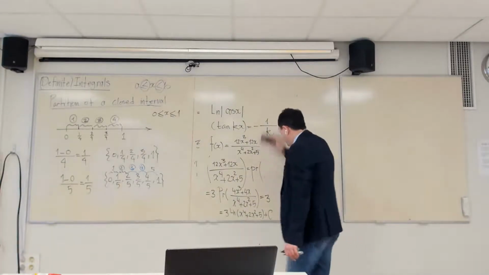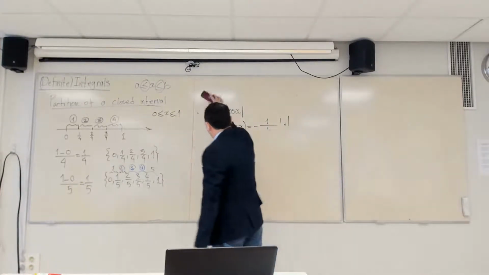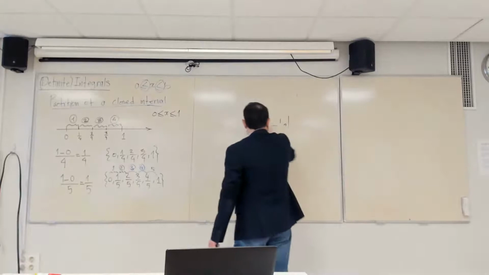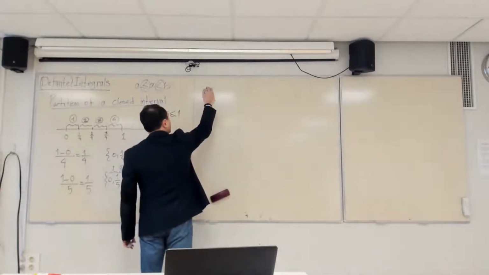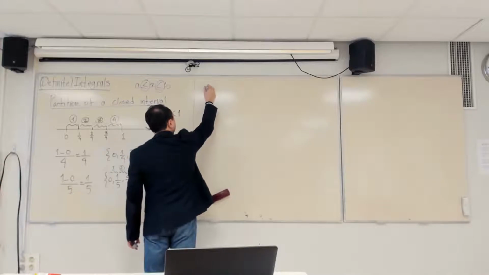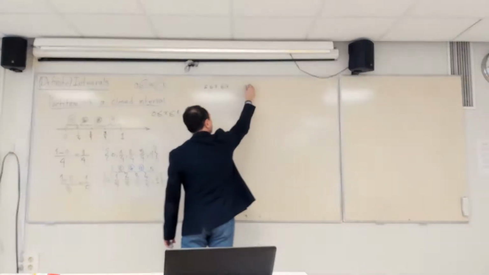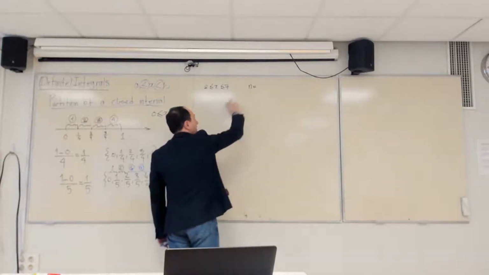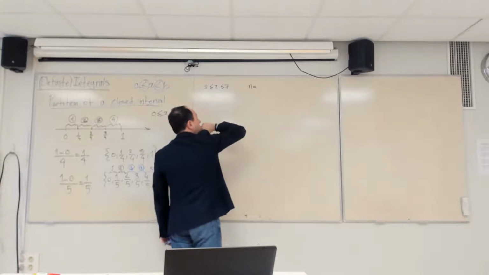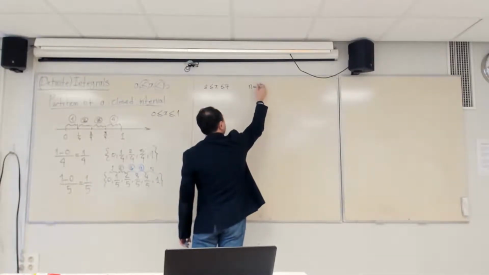For example, 2 to 7. So let us give you this example. I give you the interval from 2 to 7. And I ask you to divide it into, for example, n intervals, that number is denoted by n. Let us make it simple, 6 intervals.